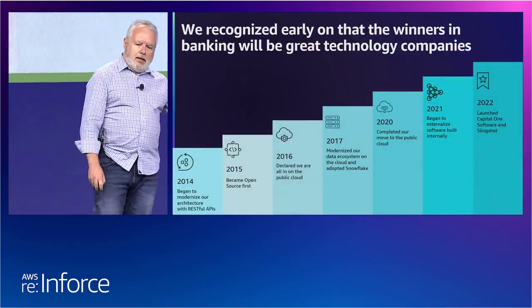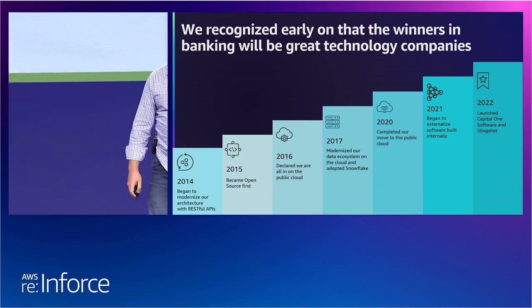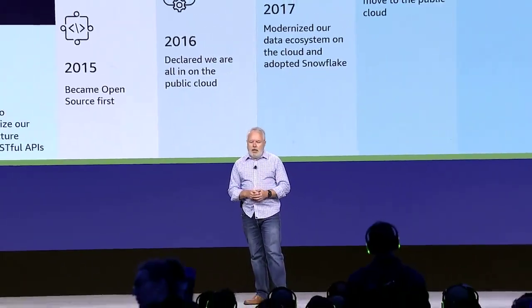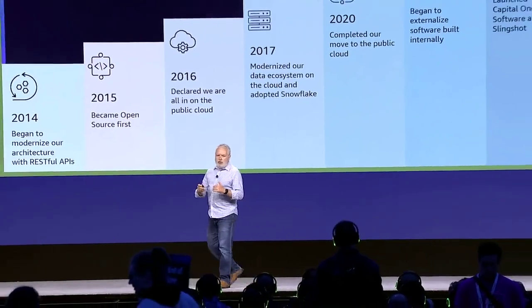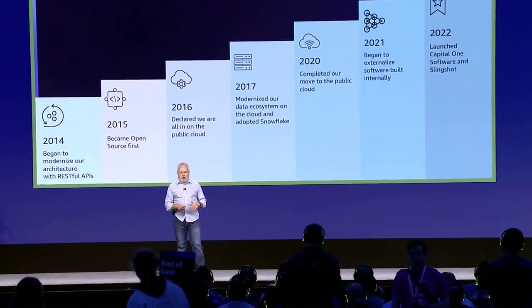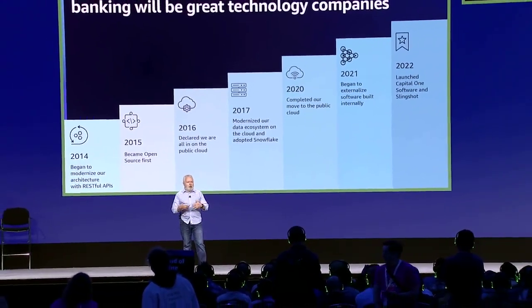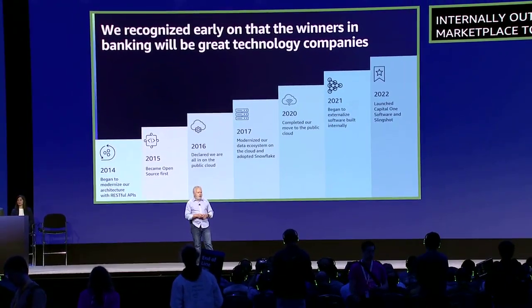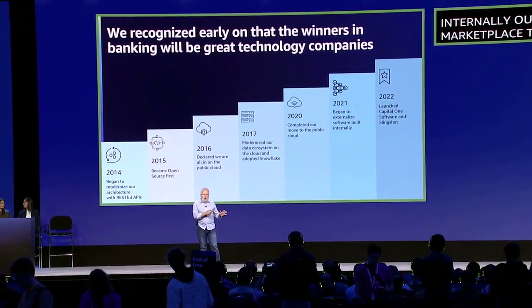So let's look back at the past decade. We've done a lot. Open source first. We've modernized our data ecosystem, like many of you probably have. And now we're even releasing software products that we developed internally into the marketplace to help others scale. But the most important thing we've done in the last decade is we've gone all in on the cloud.